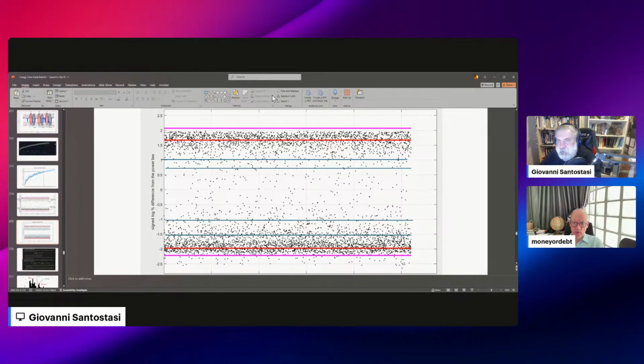I'm correcting this using volatility. So let me repeat, because I would like your feedback on this. In this case, I took the same picture as before, but now I corrected the deviations. Instead of dividing by the trend, I'm dividing by the volatility, the standard deviation of the returns over, I think I used a 120 days window, something like that.